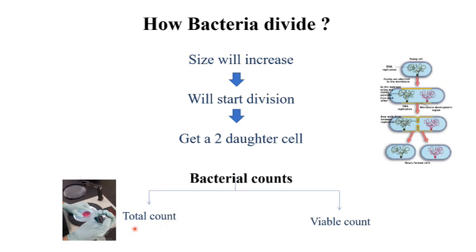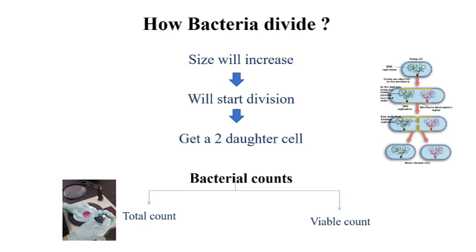And the viable count means the total number of viable bacteria present in a particular medium. Viable means live bacteria. That means in total count, we will count the total number of bacteria, whether it is dead or alive. And in viable count, we will count only the live bacteria.